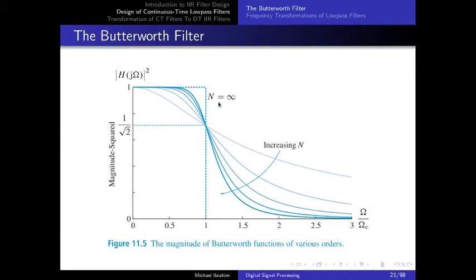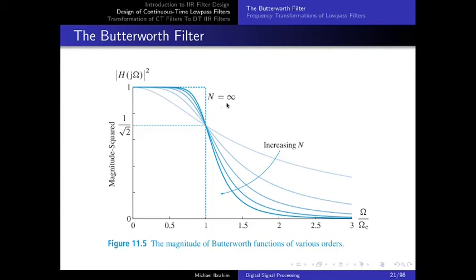And as the order increases, the filter approaches the ideal filter. This dotted frequency response corresponds to an ideal low-pass filter with an abrupt change between the pass band and stop band. So this curve corresponds to n equal to 1, a first-order filter, then second-order, third, fourth, fifth.